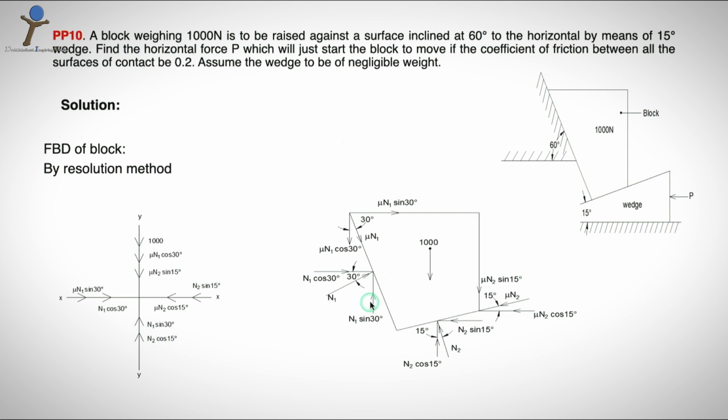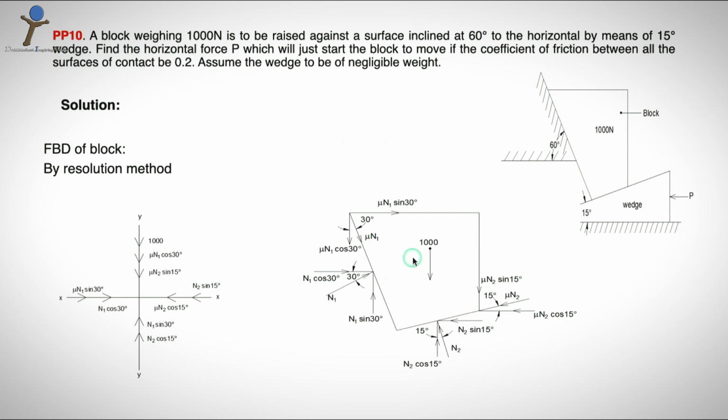And another force is the frictional force. Since the block is moving up, as the P here pushes the wedge in leftward direction, the block has to rise in upward direction, right? So since the block is moving in upward direction, the friction here will be represented in downward direction. So your mu N1 is represented in downward direction.